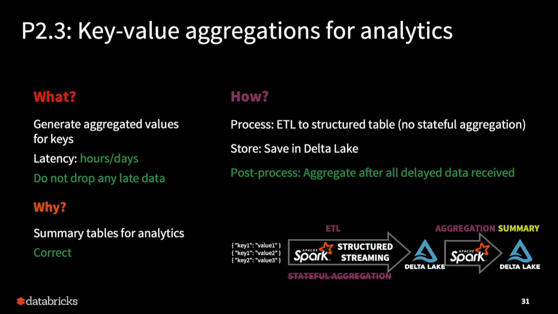You have to accept latencies of at least hours, and you cannot do seconds and minutes. With that you can ensure that no data is dropped even if it is late, and the answers are correct. So it all depends on what your data is and what your business requirements are, and you can make different trade-offs based on that.